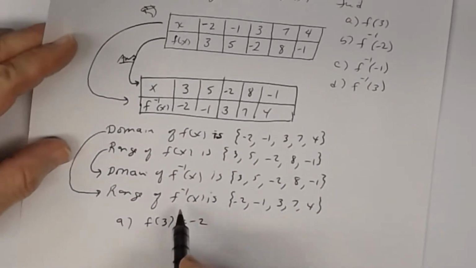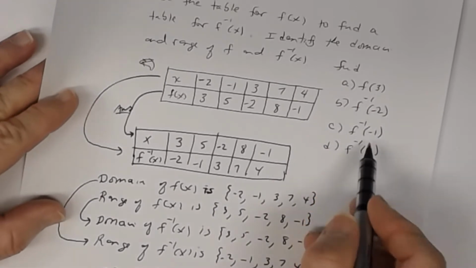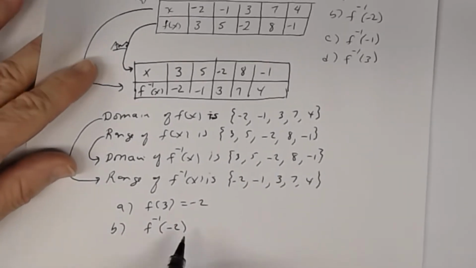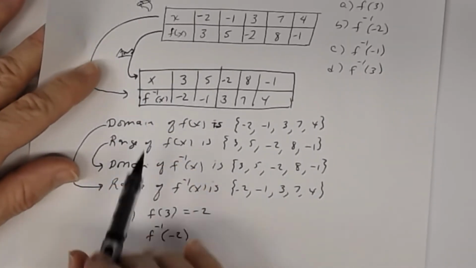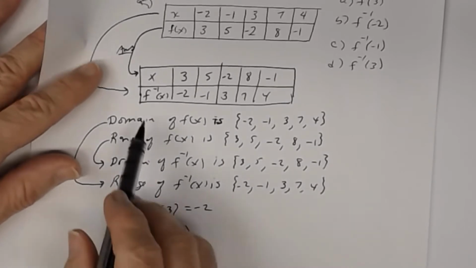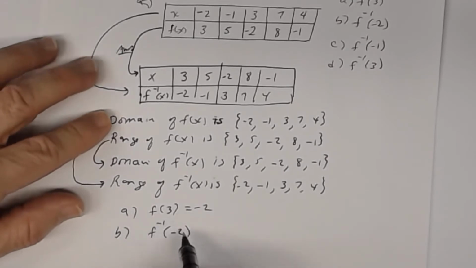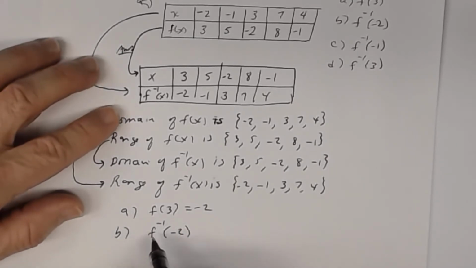Okay? Now let's do B. Now this is where you're starting to talk about the inverse. So B says find the inverse of negative 2. Make sure you go to the correct table, so I go to this table. Remember, here's your inverse table. This is your x value right here. So when x is negative 2, what is the value of the inverse at negative 2?